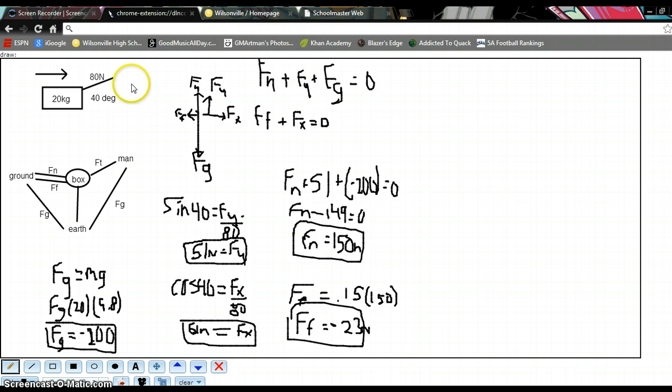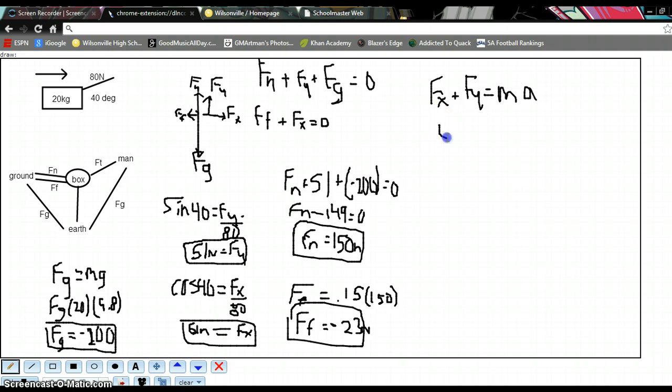And then, to find your acceleration of the box, you would essentially add all the forces up, but we know that when you add the vertical forces, they would all be 0, so that would be kind of pointless, so you would just add the Fx and friction forces together, so we would have Fx plus F friction equals mass times acceleration.